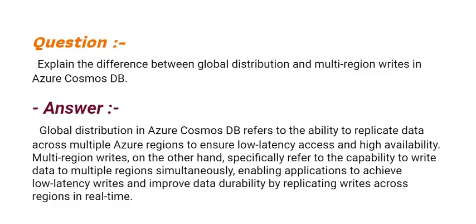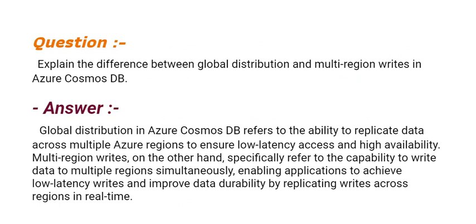The question is, explain the difference between global distribution and multi-region writes in Azure Cosmos DB. Your answer should be, global distribution in Azure Cosmos DB refers to the ability to replicate data across multiple Azure regions to ensure low latency access and high availability.